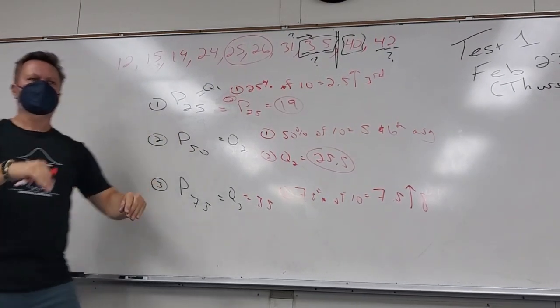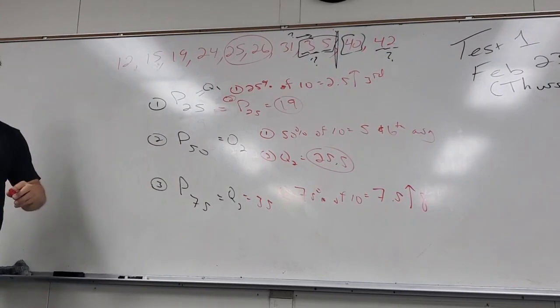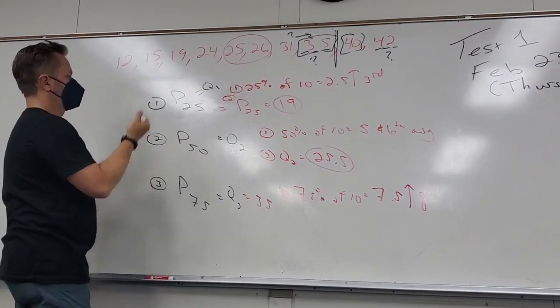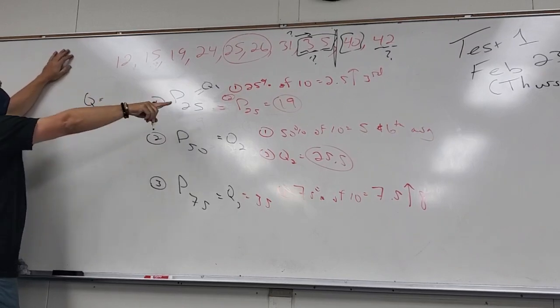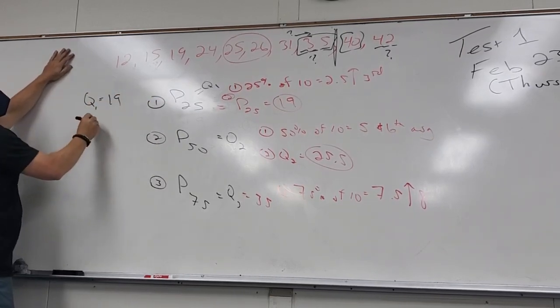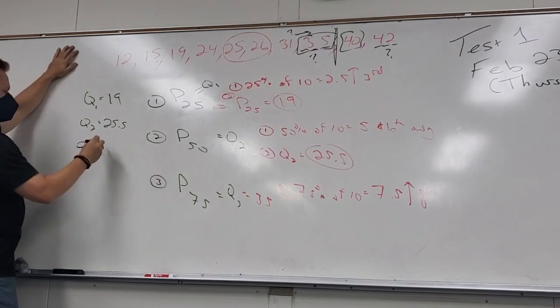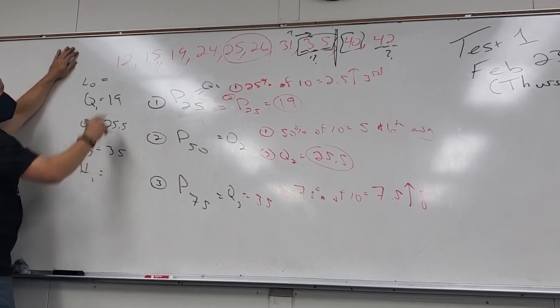Now let me do this. Has everybody got this? I'm going to summarize what we got and do some more stuff with it. Q1 was 19. Q2, 25.5. Q3, 35. What's the lowest data point? 12.